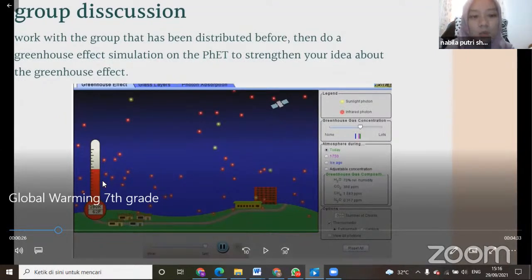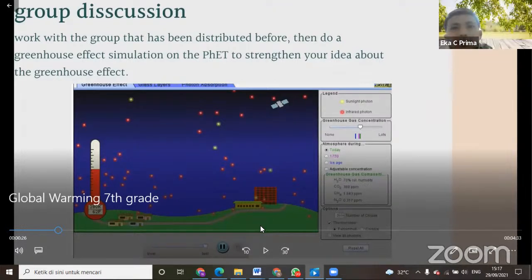So please observe the increase of the temperature here. And also you can see that the yellow one is the sunlight photon and the red one is the infrared photon. What is the connection of greenhouse gas to global warming?